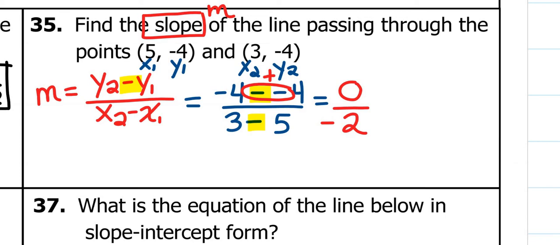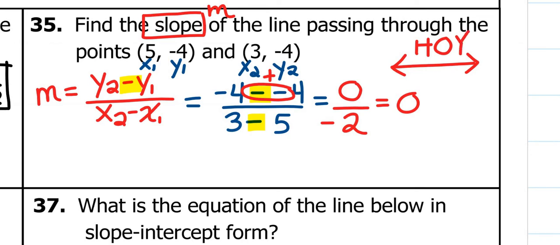0 divided by -2 is equal to 0. 0 divided by any number gives you 0. So this is going to be a slope of 0. So the line with a slope of 0 is horizontal. Remember, HOI: a horizontal line has 0 slope, and it's a y equals line.